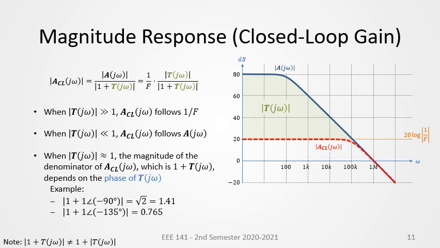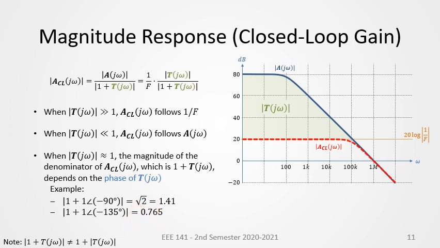For another example, consider that T of j omega is still approximately 1 in magnitude, but now its phase is negative 135 degrees. So the magnitude of 1 plus T of j omega is the magnitude of 1 plus 1 angle negative 135 degrees, which should give us 0.765.